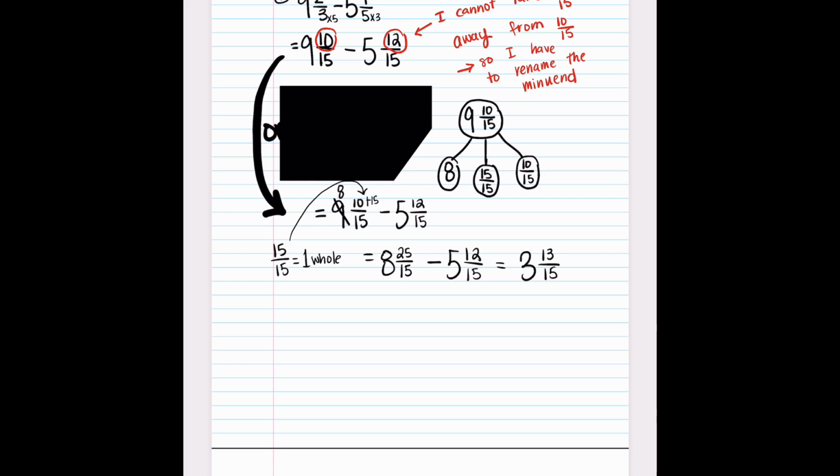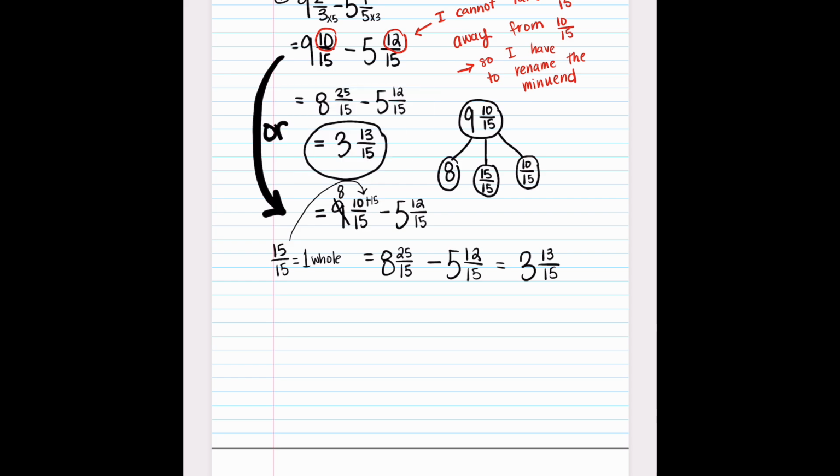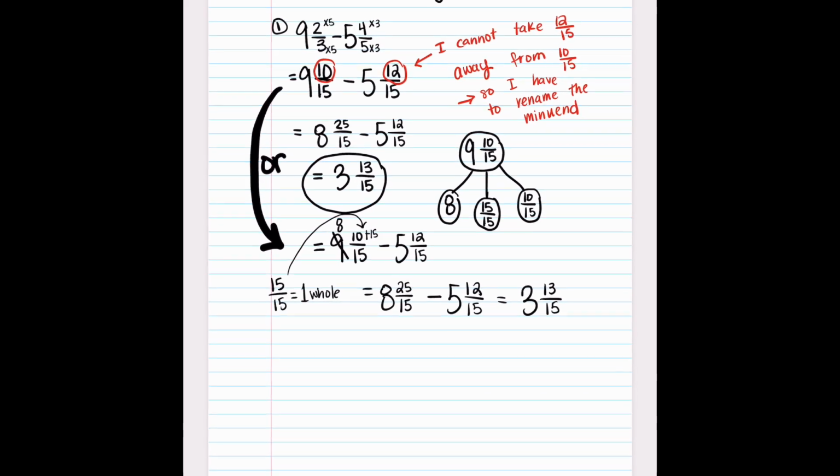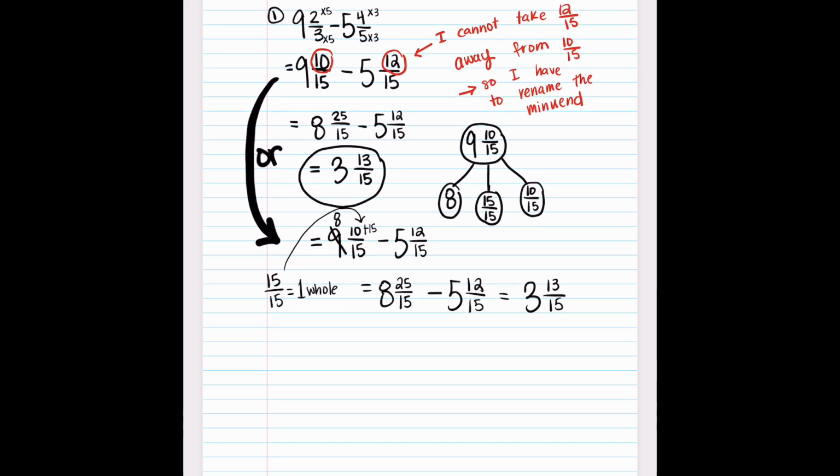So there's so many different ways for you to be able to visualize this and solve this. There are endless ways, really. But what I want you to understand is we have to make sure that our minuend is bigger than our subtrahend because we do not want negative numbers. We're not to that yet.